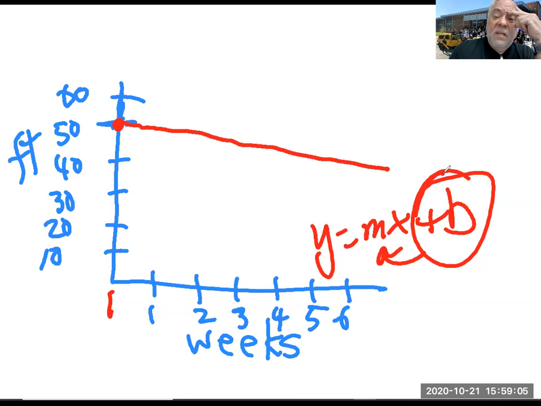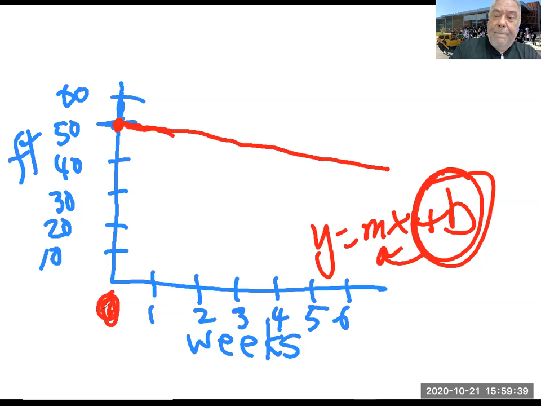It is completely independent of the x input and the slope. It's just where things start. And for real world problems, it's normally the initial value or the starting point. So in this case, what does the y-intercept indicate? It indicates the depth of the lake before it started drying out at time 0.